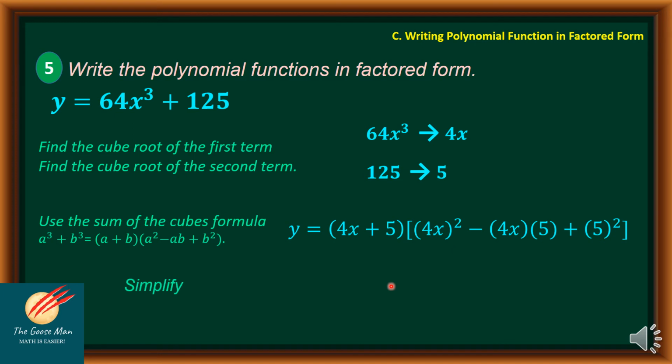Then after that, we simplify. So we have y is equal to 4x plus 5 times 16x squared minus 20x plus 25, since 4x squared is 16x squared.